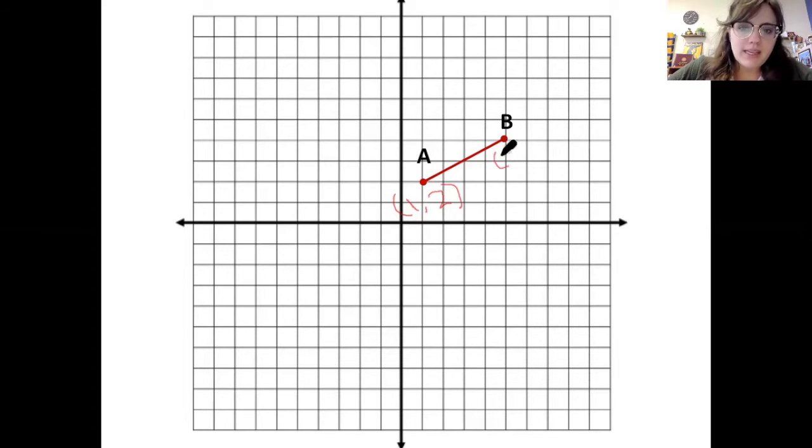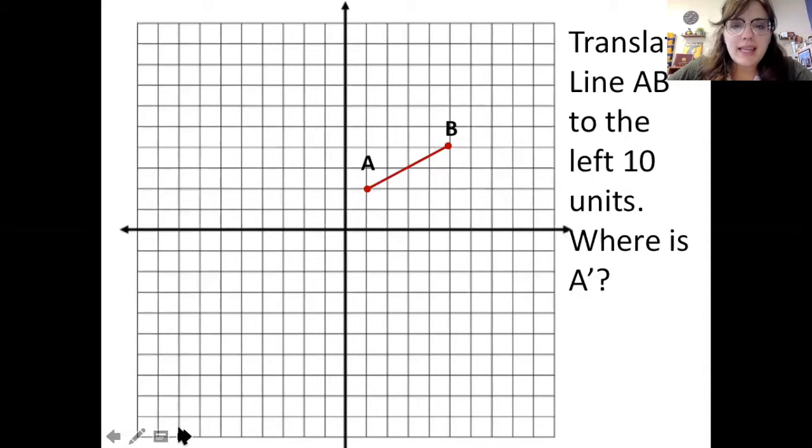So B is at 5, 4. I cannot write on this thing. All right, so A is at 1, 2. B is at 5, 4. Translate line AB to the left 10 units.